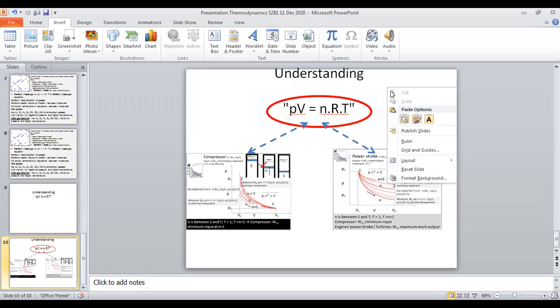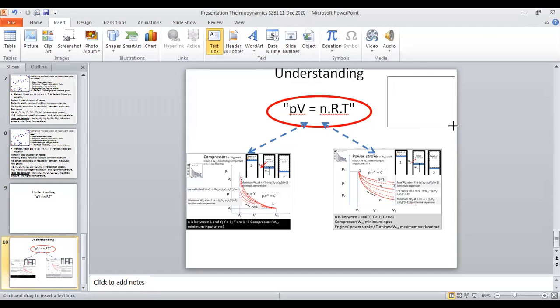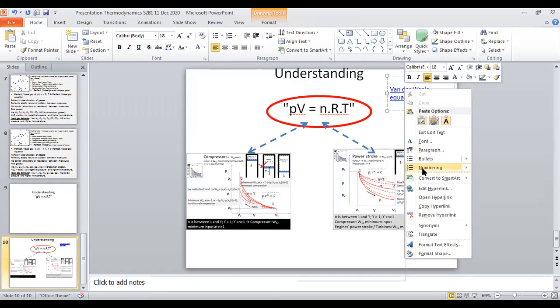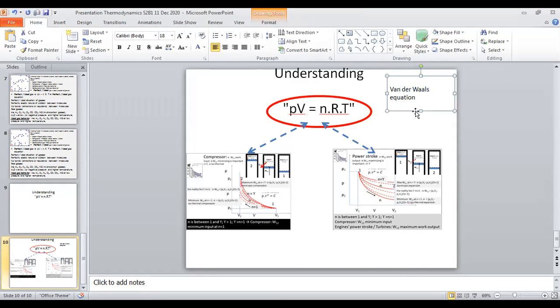And moving further, with this understanding, you can look into this equation as well.